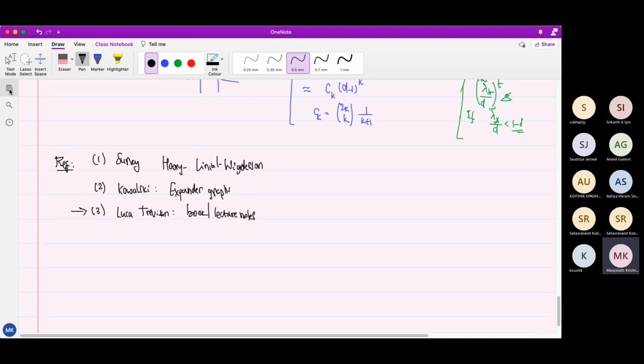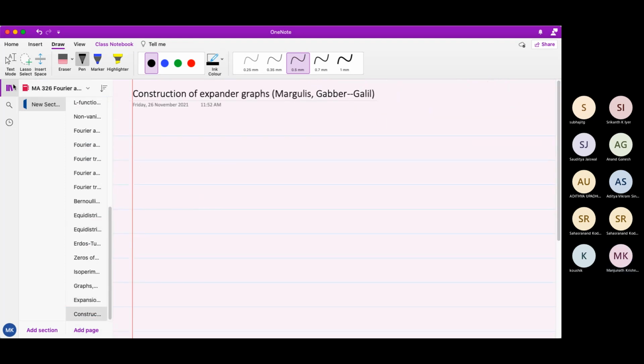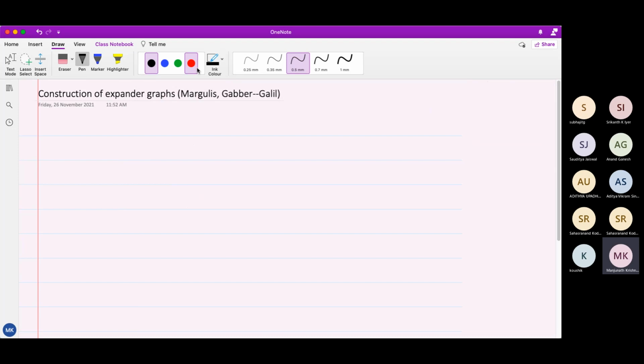Any questions, comments so far? Okay, so the goal is to construct graphs G_n that are D-regular, where D is fixed, such that the vertex size goes to infinity.